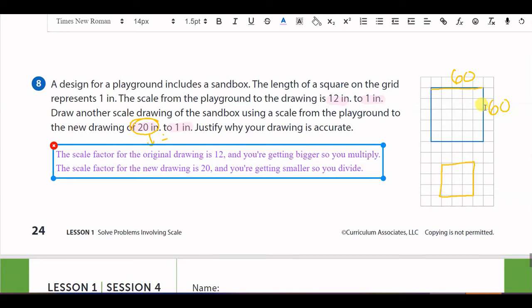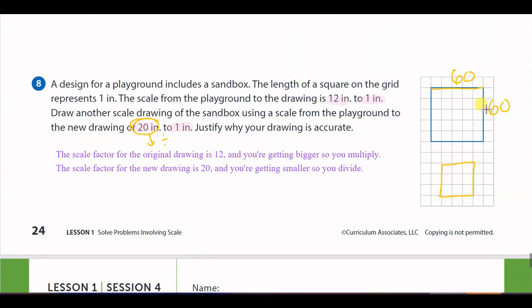Oh, and one thing, if you remember from your apply it above, the ratio from the old drawing to the new drawing is 12 to 20. If you remember how to reduce fractions, we can reduce both of these by 4.